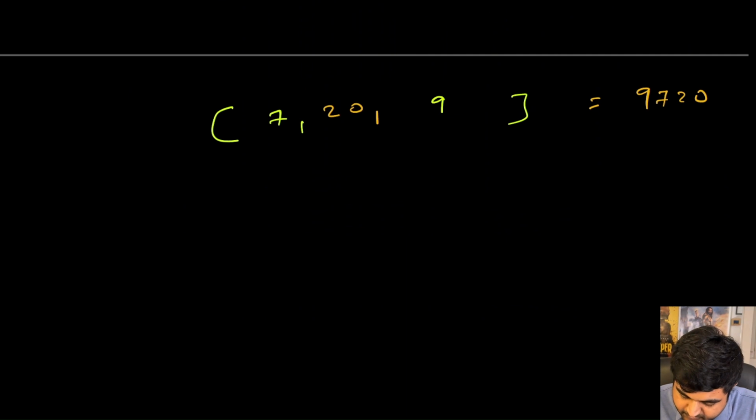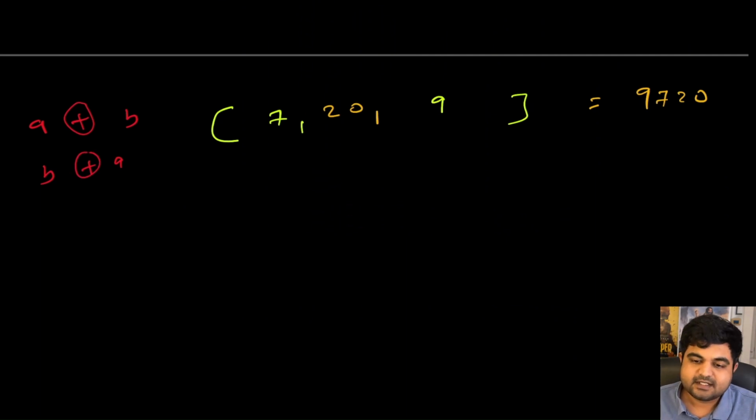First, we are going to apply the same logic: when we are comparing two values A and B, we are going to compare A plus B and B plus A. This is not plus as in mathematical plus, but you can consider this plus as a concatenation of two numbers. Currently the two values we are trying to compare are 7 and 20. What are the two options?